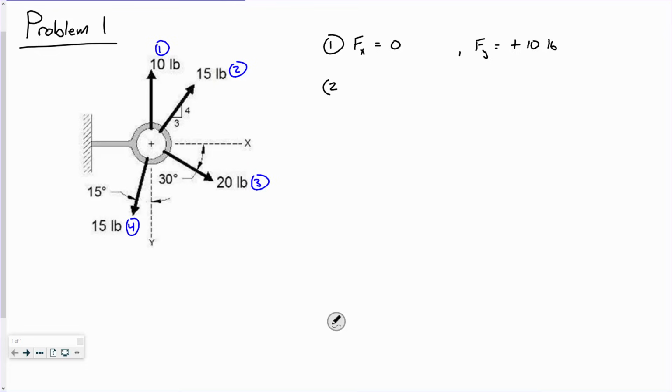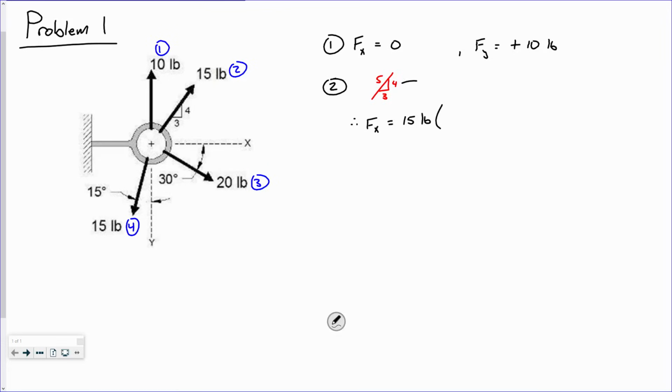Okay. Now, for force number 2, we've got a 3, 4, 5 triangle, right? So something like this. This is 3, that's 4, that's 5. If I wanted to determine the x component, it would be 15 pounds times what? Would I use 3 over 5 or 4 over 5?